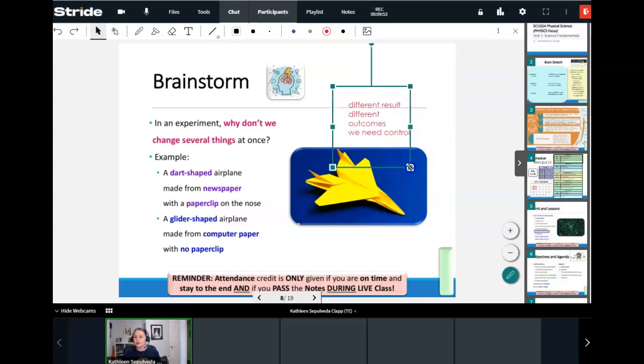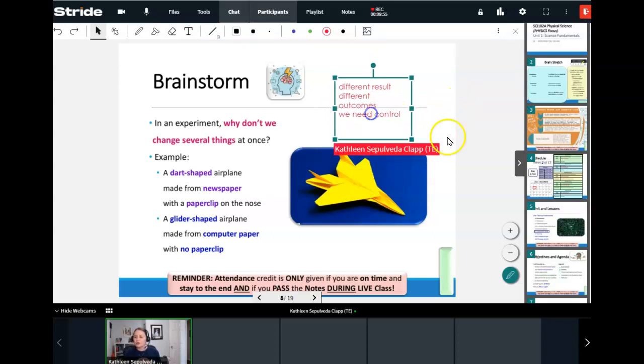Let me go ahead and expand this. I agree with you all 100%. You don't want to start mixing things up, because then it's truly not an experiment. What are your results going to measure? Nothing's going to be the same. When we do an experiment, we're measuring or looking at one specific thing.